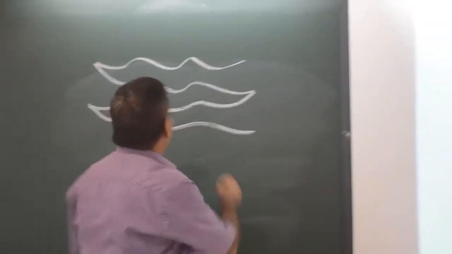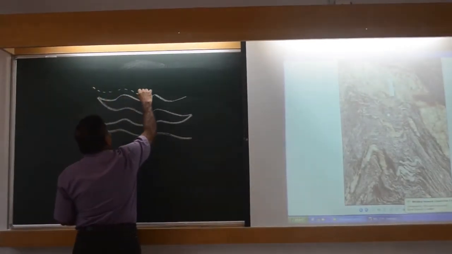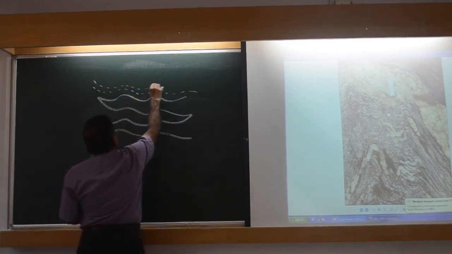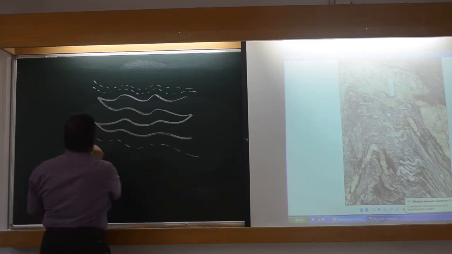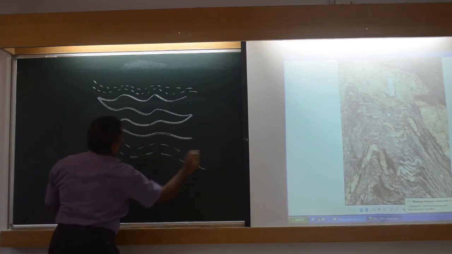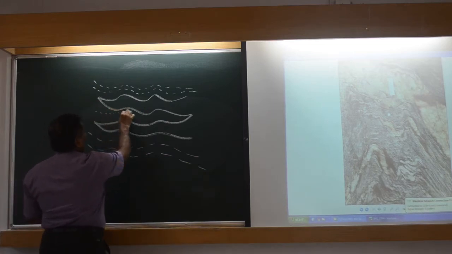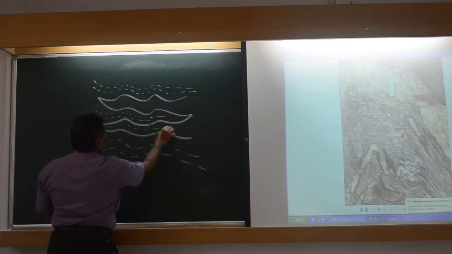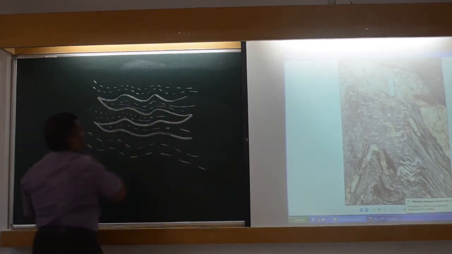And where are those schistosity planes? Schistosity planes, I'll give a different symbol like this. And inside also you find, if you sit down, you go like this, go like this.